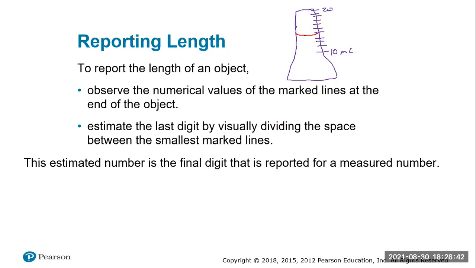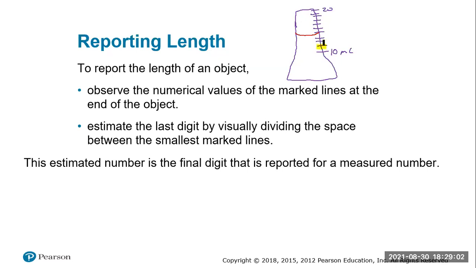Now, when we look at this, we always want to figure out what each of the little scale markings means. So this is 10, this is 20. We want to count the little markings between the two. Also important, I'm not going to start counting on 10. I'm going to start counting on the next line.